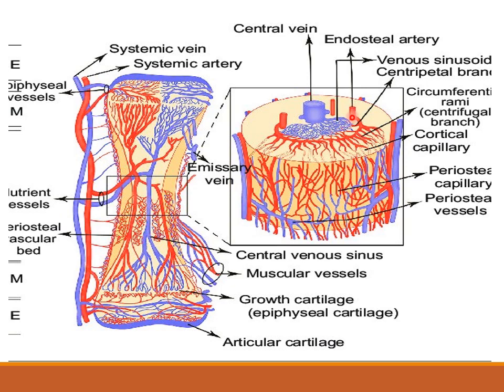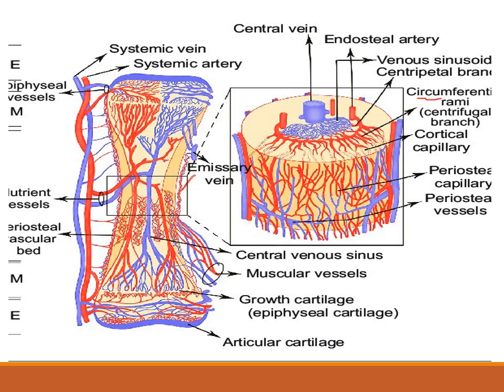Number three, you can appreciate that these medullary arteries give off the circumferential rami, which run along the whole circumference of the bone.